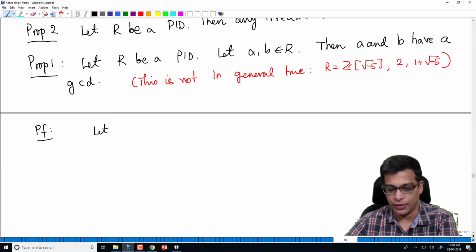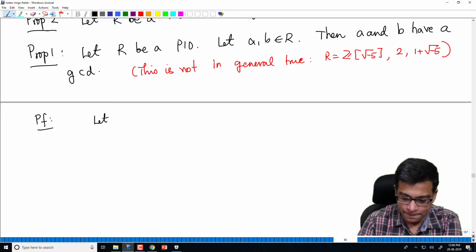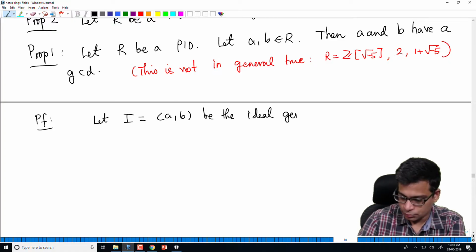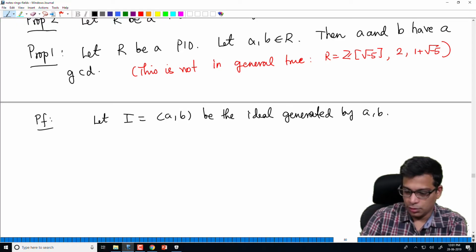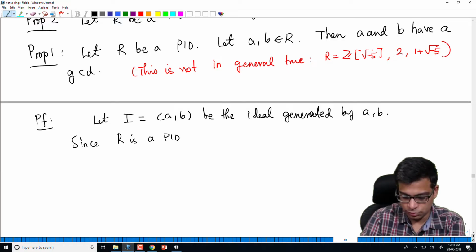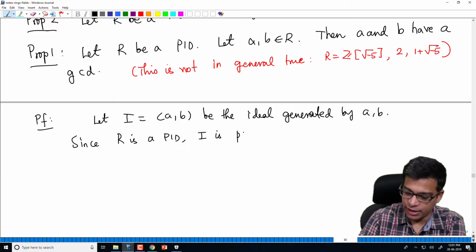Both propositions are in fact very easy to prove. So let I be the ideal generated by a and b. Since R is a PID, I is principal. Every ideal is principal.